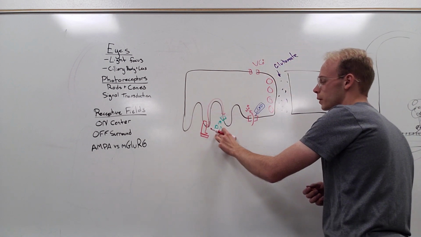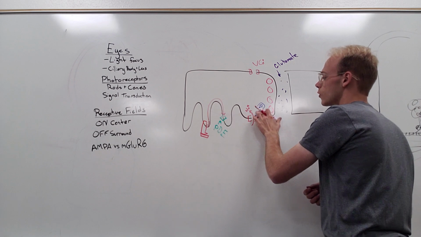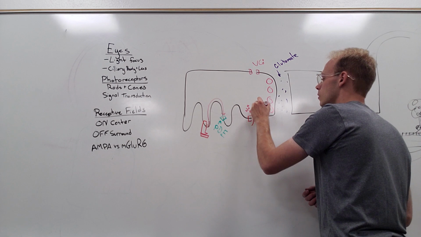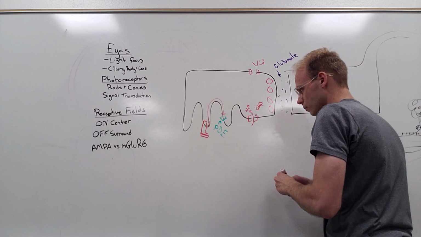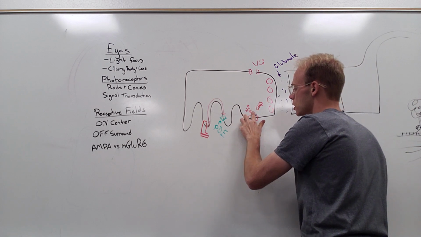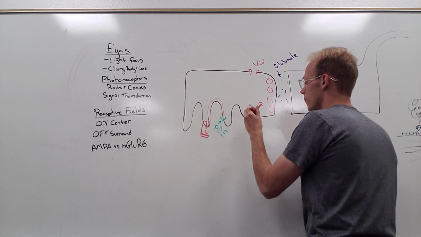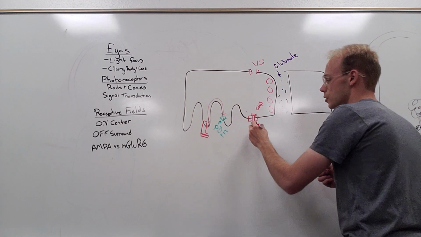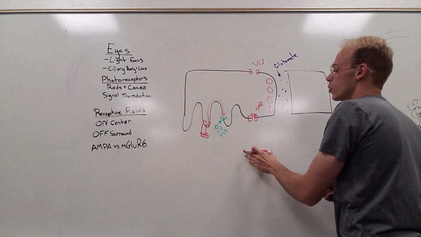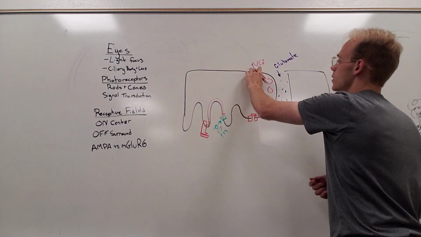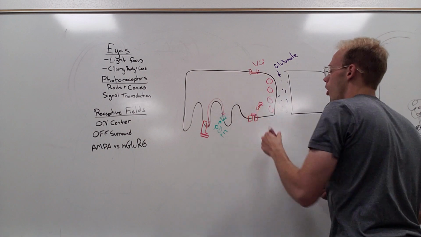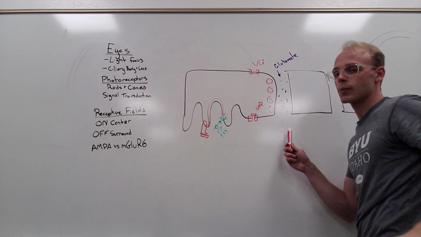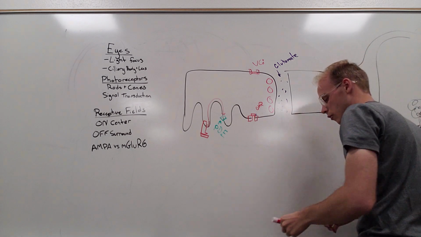When the PDE turns on, it converts the cyclic GMP into just regular GMP. Because there's no longer cyclic GMP attached to this, this closes. So sodium no longer comes in here, which means this doesn't depolarize. And so this calcium channel also closes, which means I have less glutamate being released. Make sense so far?